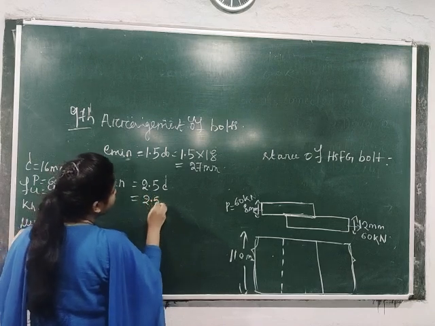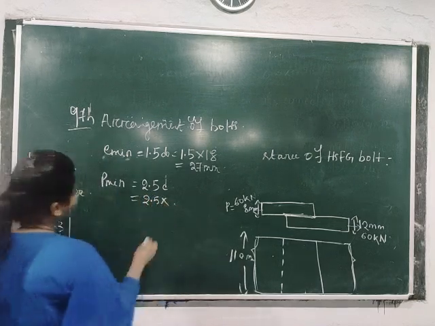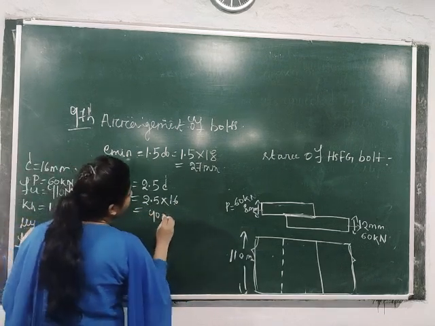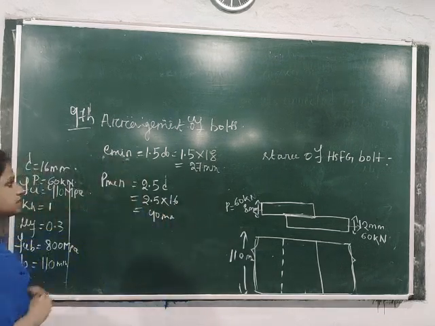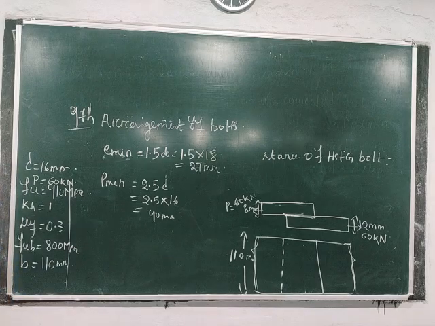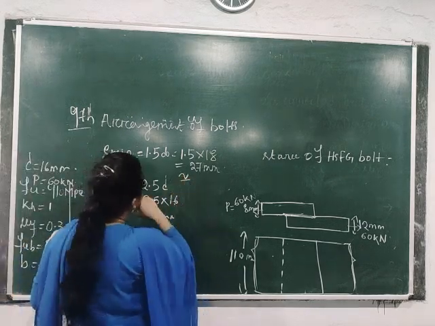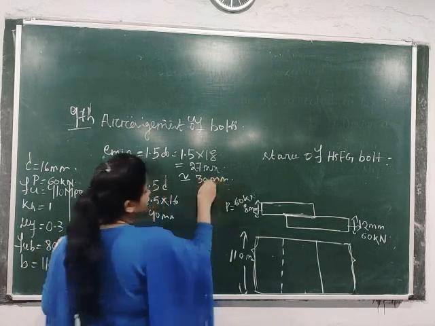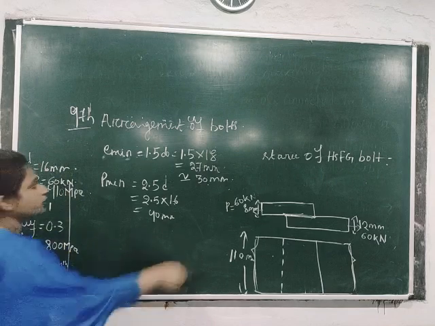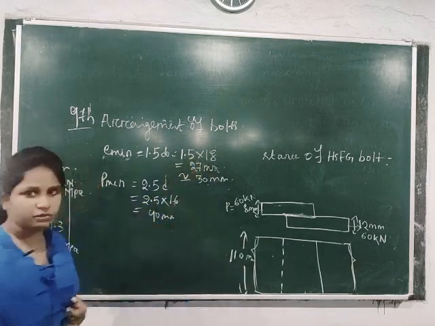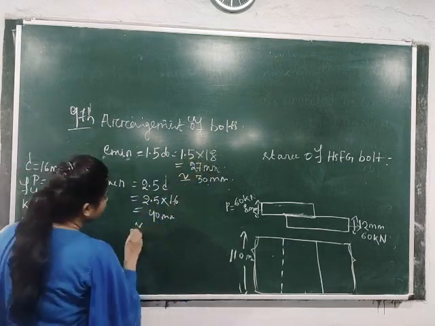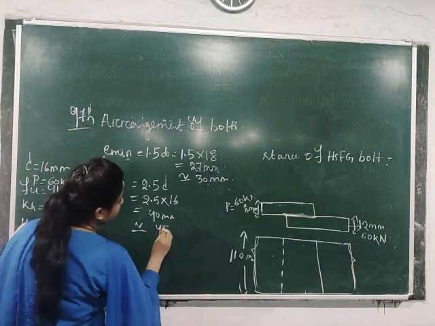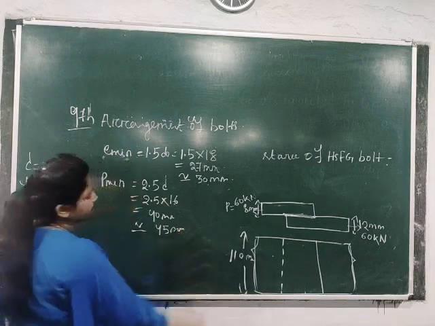So 2.5 into 16 mm is coming 40 mm. Okay, so the minimum end distance has come 27 mm, so we can take the end distance as 30 mm. Obviously we will take the greater value than 27 mm, as this is the minimum value only. And here let's take the pitch distance as 45 mm.